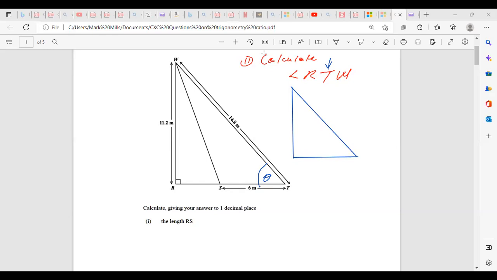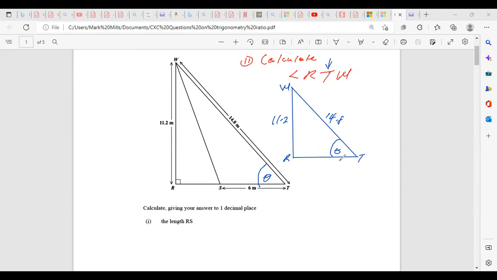Now, this side was W, this side was R, this side was T, and this angle here is theta. This side, we know, is 14.8, this side is 11.2. But then we were asked to find RT. What was RT?